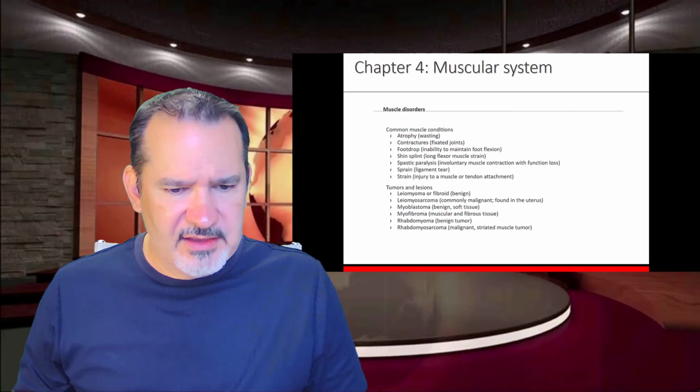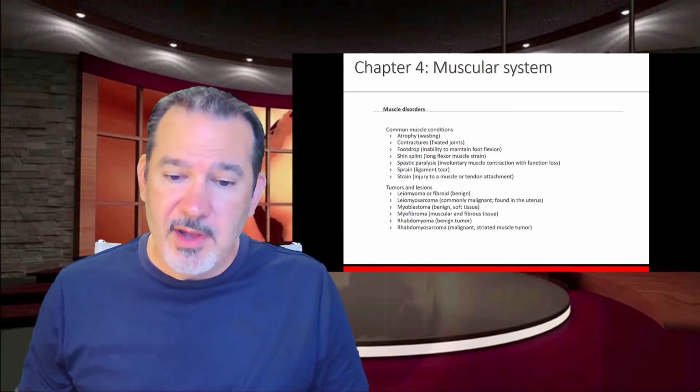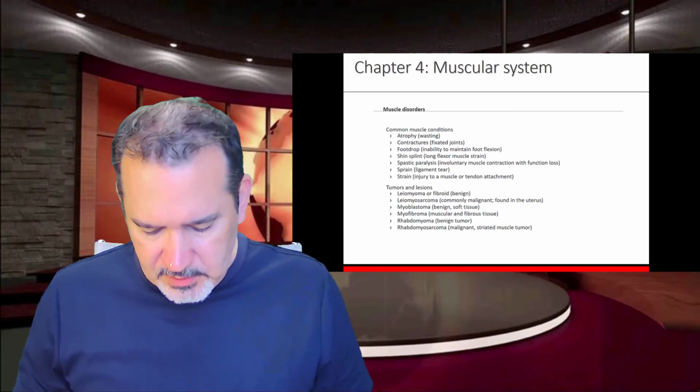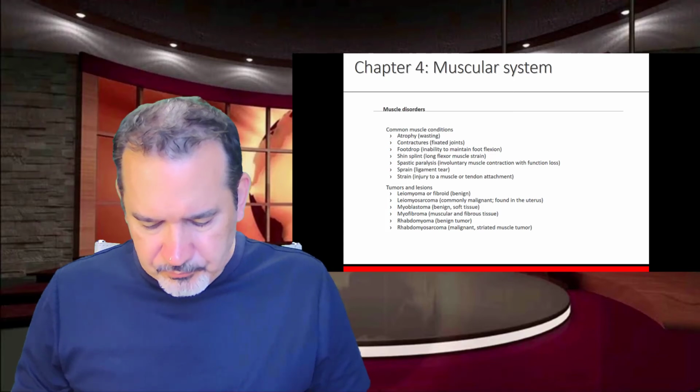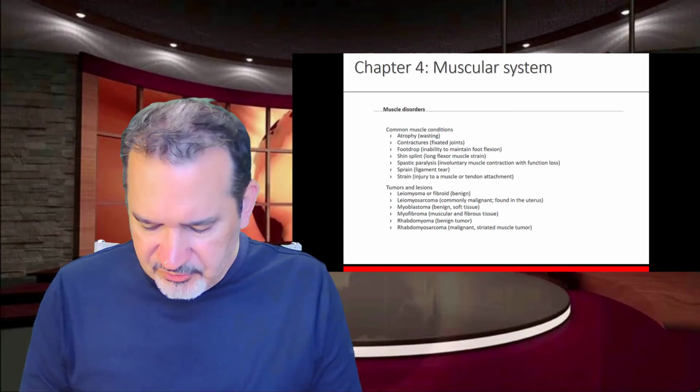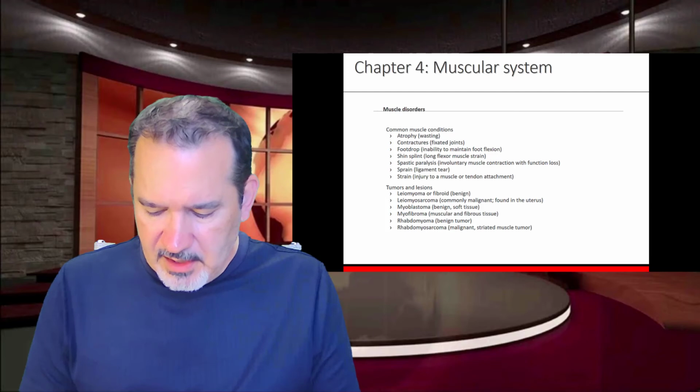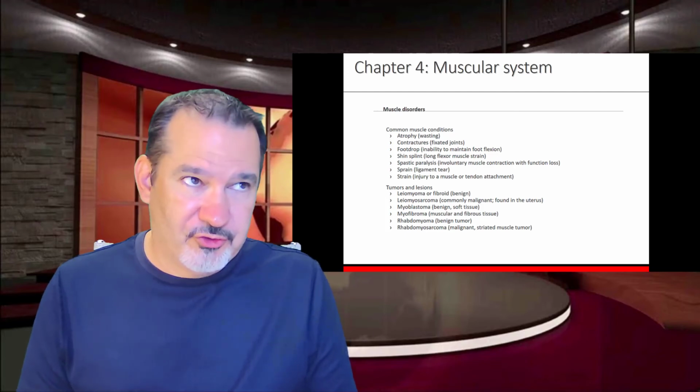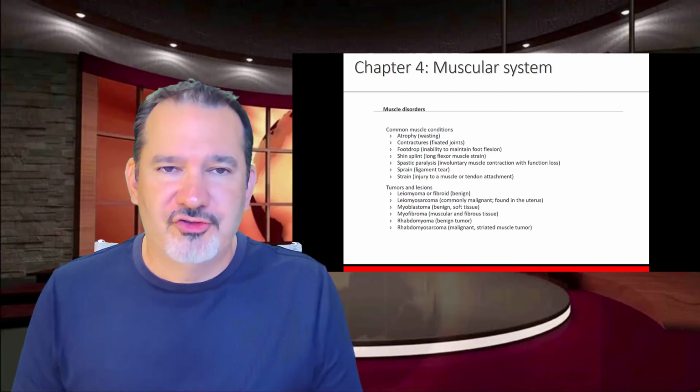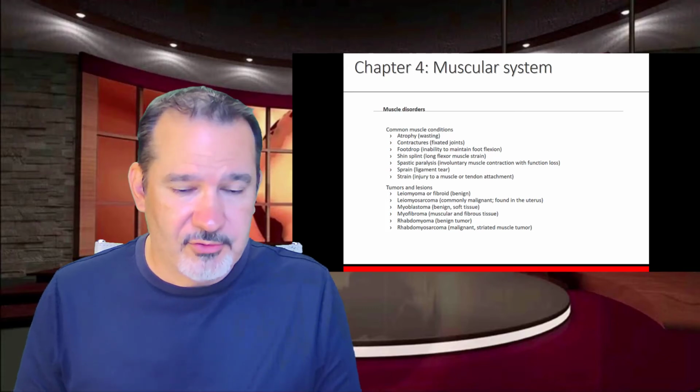Other things, rhabdomyosarcoma, a malignant type of cancer, can be very serious, and originates with the striated muscles, which are the cardiac muscles, right?